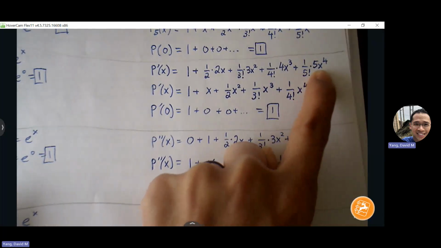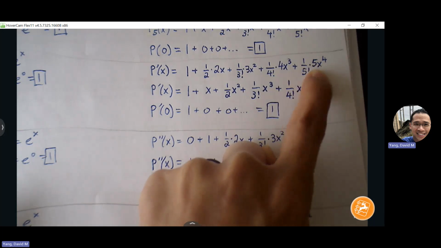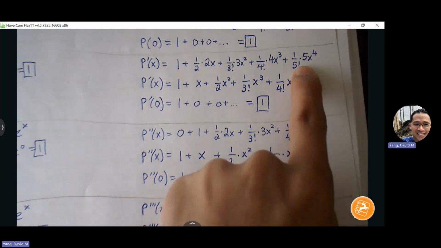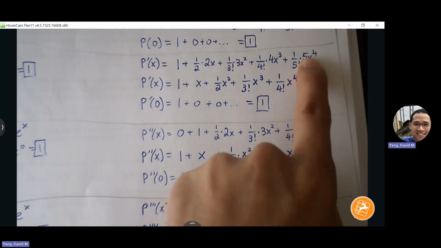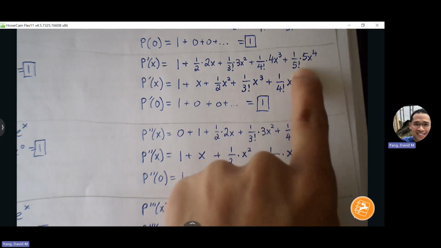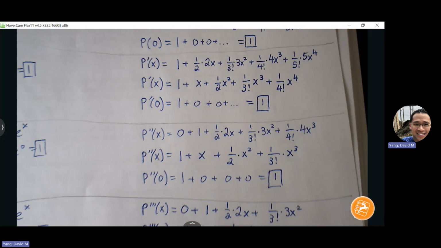It's not allowing the x to show itself until the degree is ready for us to evaluate. So that 5 factorial is basically allowing for this fifth derivative to work itself down all the way to the constant, and then it's going to take away the coefficient along the way. 5 factorial, 4, 3, 2.